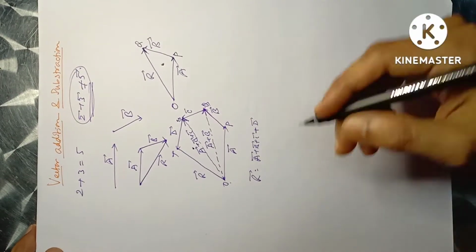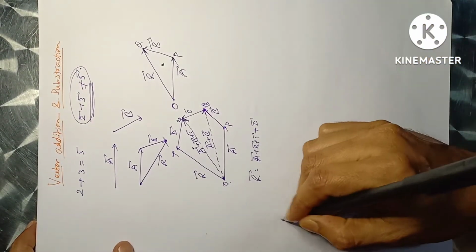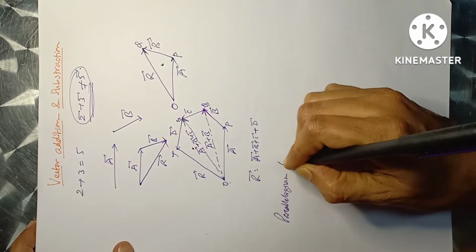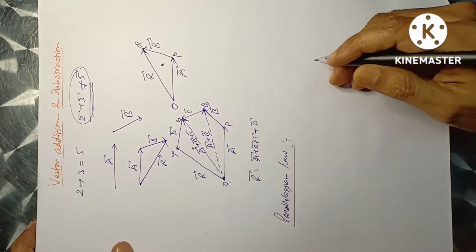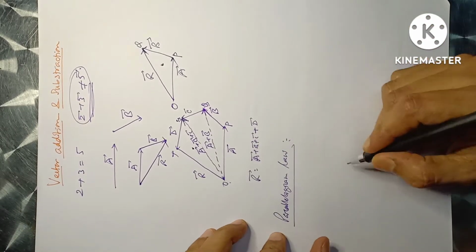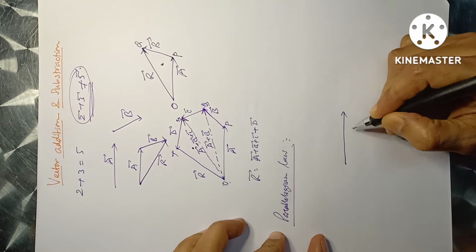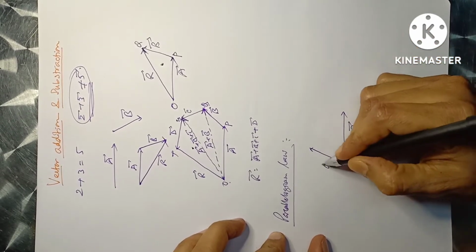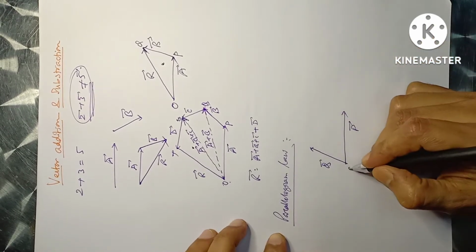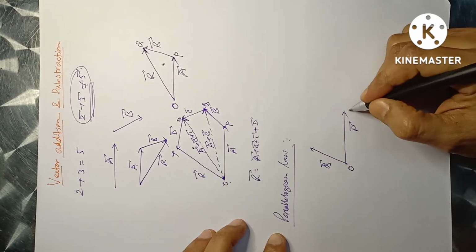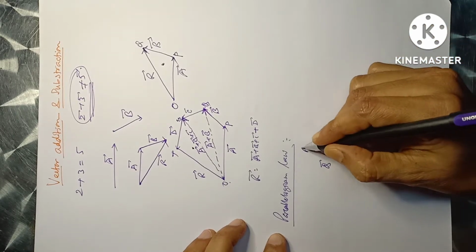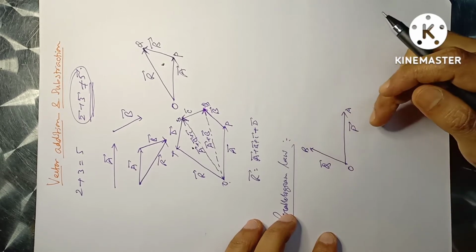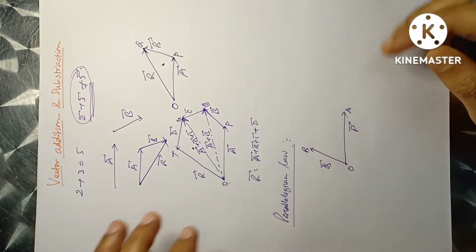Now there is also another law called the parallelogram law. In the case of the parallelogram law, suppose two vectors, P vector and Q vector, are represented by O to A and O to B. So two vectors OA and OB are represented by P vector and Q vector respectively.